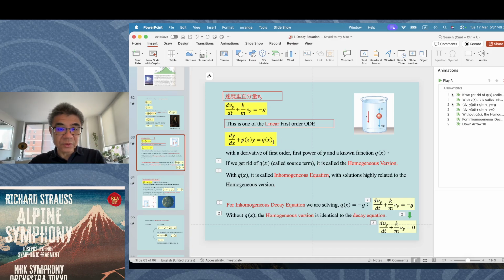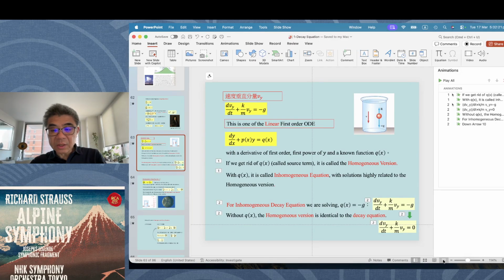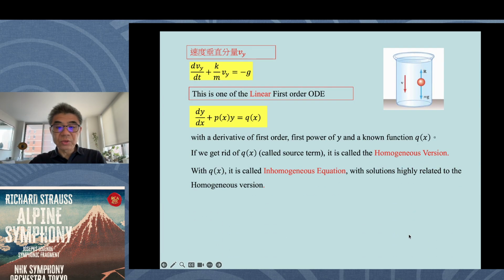That is, without this Q(x), dy/dx plus P(x) times y is equal to 0. And with this Q(x), it is called the inhomogeneous equation. The solution for the inhomogeneous equation, we will show you very soon, is highly related to the homogeneous version.